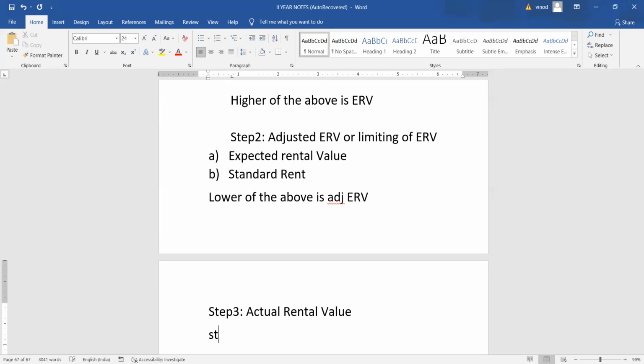Now come to the fourth step, calculation of gross annual value. How to calculate the gross annual value?